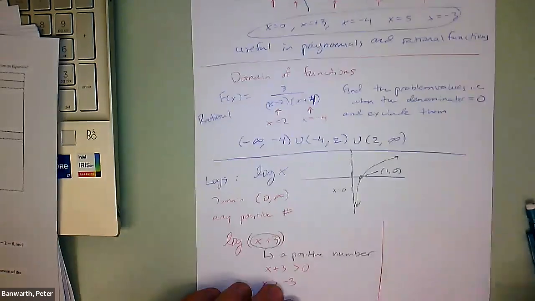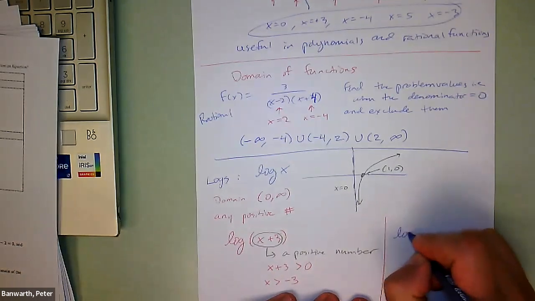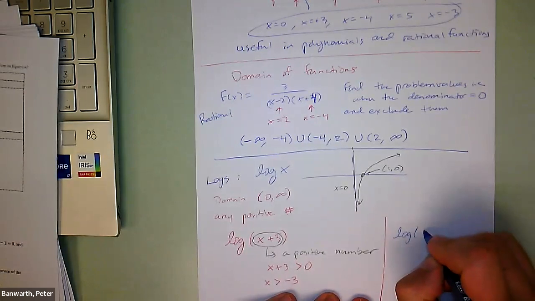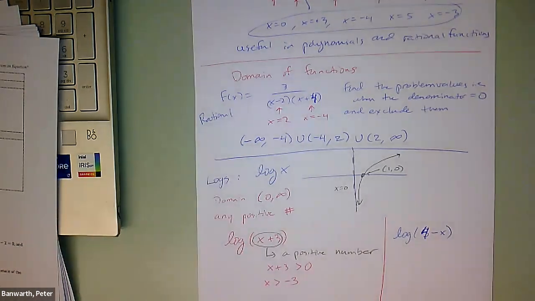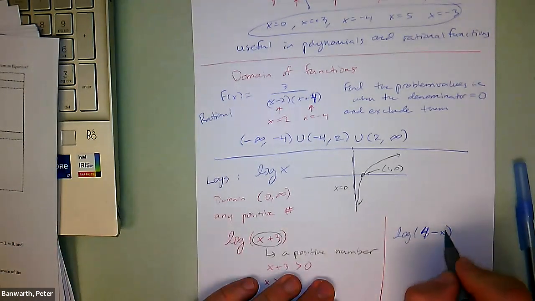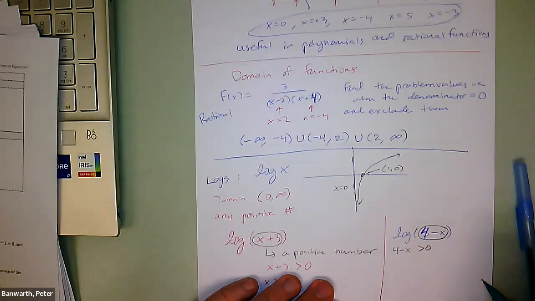I'll do another one. Here's a real tricky one. Log of 4 minus x. Okay. Rather than thinking about transformations, don't think about transformations for this. Just say that piece in there had better be greater than 0.